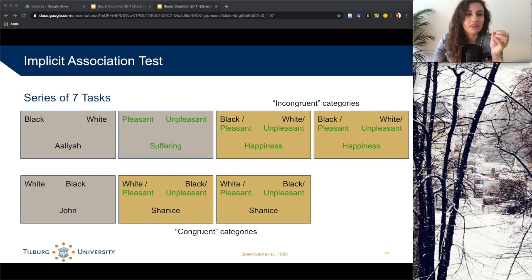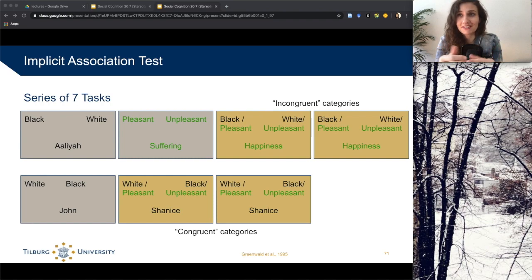In the first task, participants are supposed to categorize whether a specific name that's shown is more likely to belong to a white or a black person. In the example, the name would be Elia, and this would typically be categorized as a black person's first name.